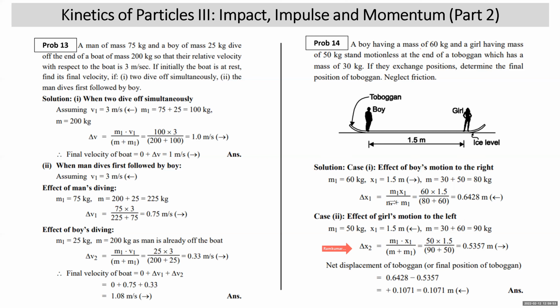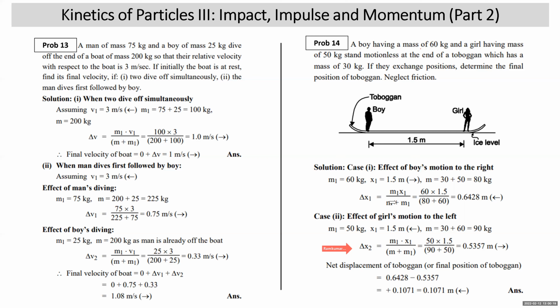So this was all about the impact and collision chapter. That is the last leg of kinetics of particle. This is the third part. The kinetics of particle chapter we have covered in 3 parts in my book. In the syllabus they give it as one chapter, but 3 different concepts are there. In kinetics of particle part 1 we covered Newton's law and D'Alembert's principle.